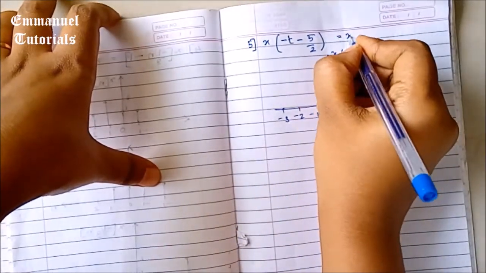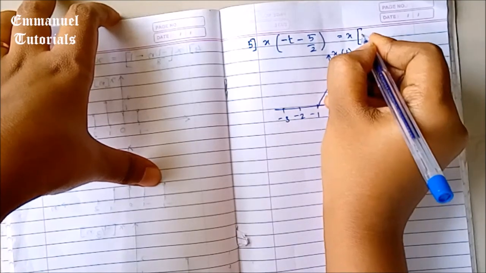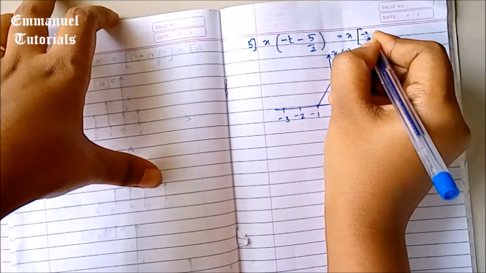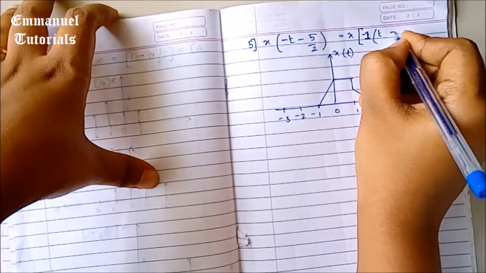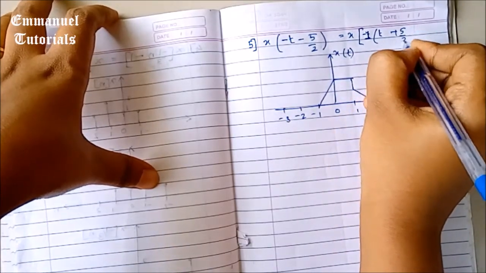Now similar to the previous examples, it will be minus 1 outside and t plus 5 by 2 inside.